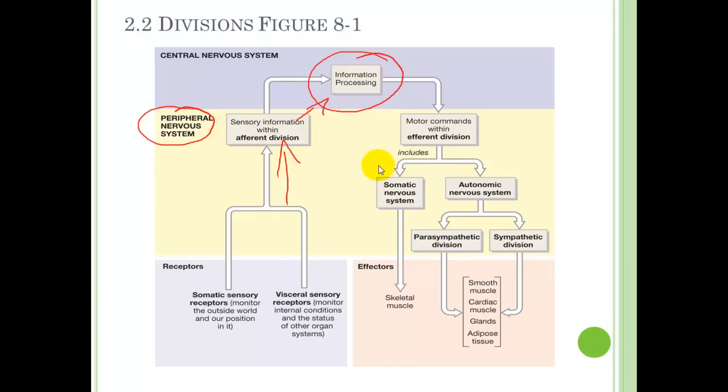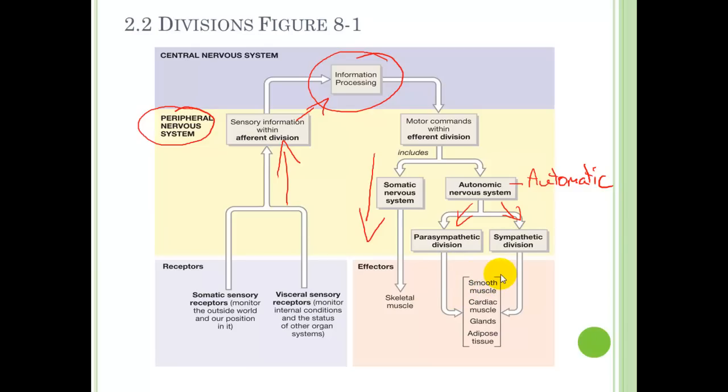Now one of these we have control over, which is somatic, and this is going to be skeletal muscles that we can move things with. And the other one is going to be the autonomic nervous system, which we don't have control over. The autonomic nervous system is automatic. So in that autonomic nervous system we have two more subdivisions, and these are the ones we just got through talking about, the sympathetic and the parasympathetic nervous system.